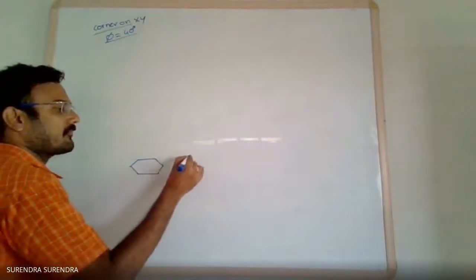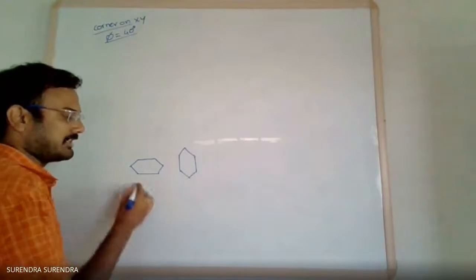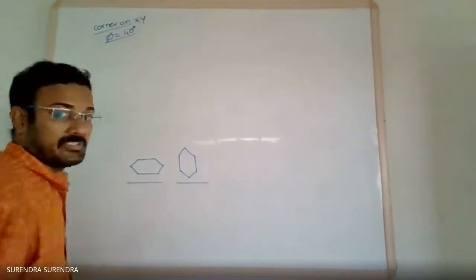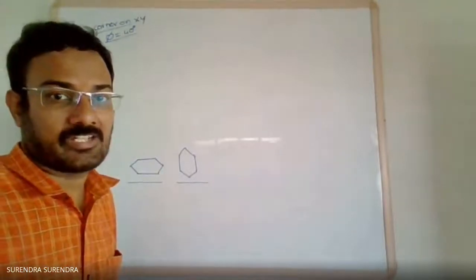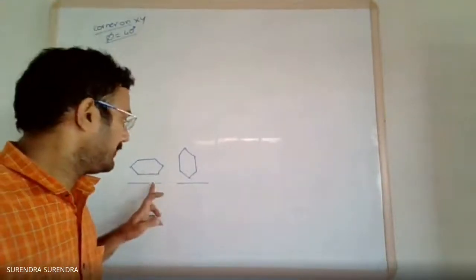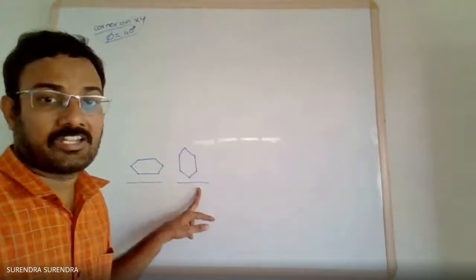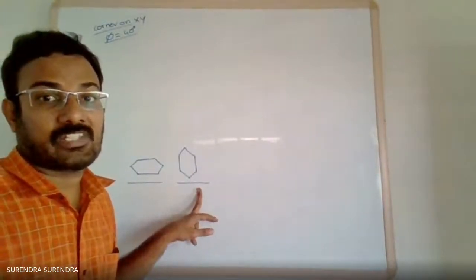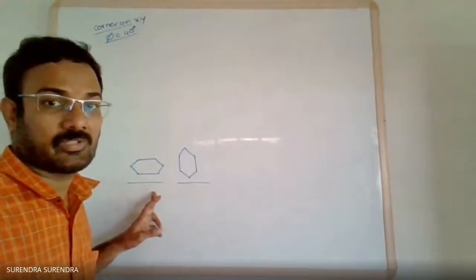Orientation 1, orientation 2. Both are hexagons. Is it? Both the conditions are hexagon conditions. But what is the variation? In one condition, two of its sides are perpendicular to the xy line, and here two of the sides are parallel to the xy line.